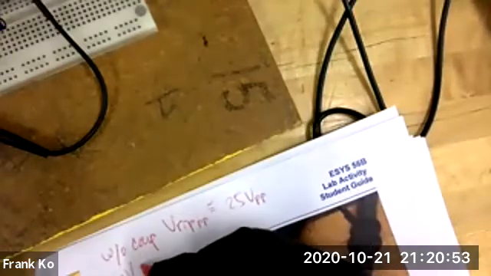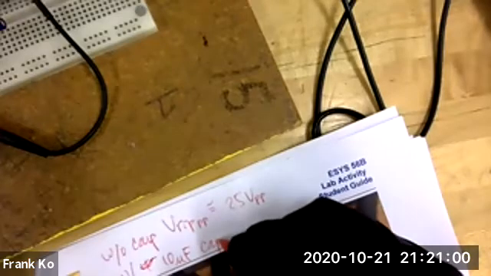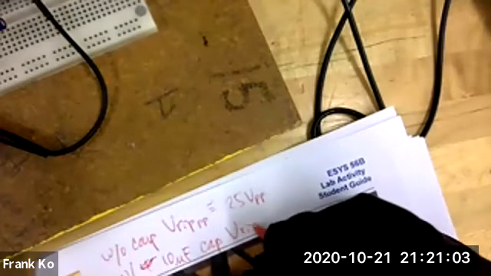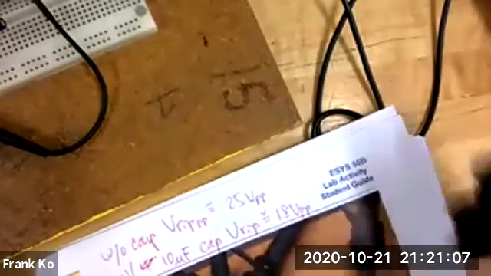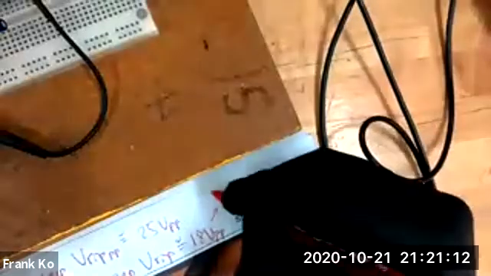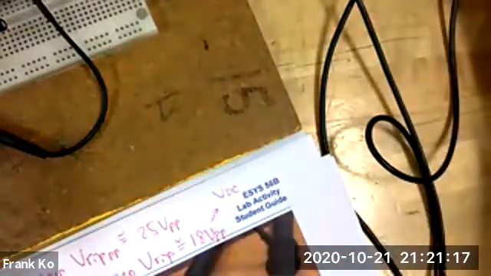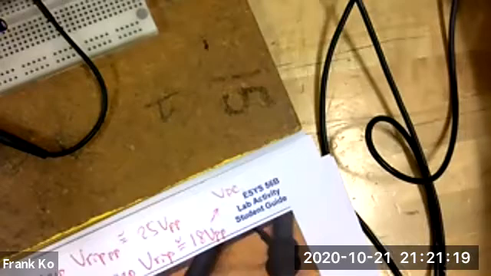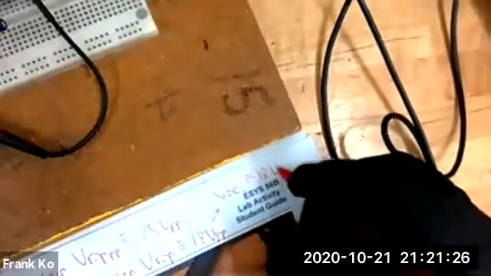And with a 10 microfarad cap, my V ripple is now approximately 18 volts peak to peak. And my VDC would be approximately 18 volts DC.